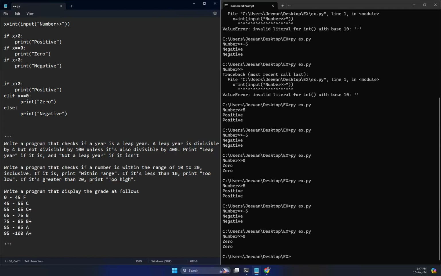And if the number is not between 0 and 100, invalid. Less than 0, invalid. Above 100, invalid.